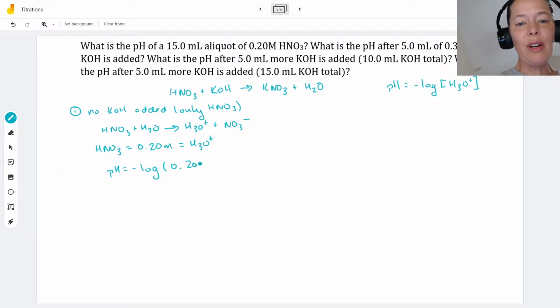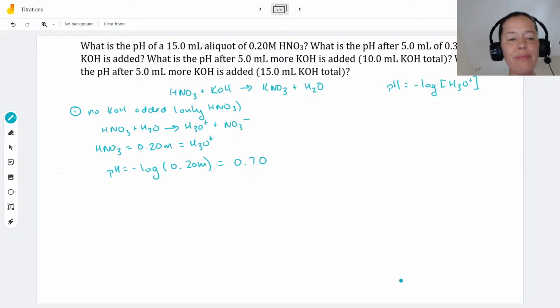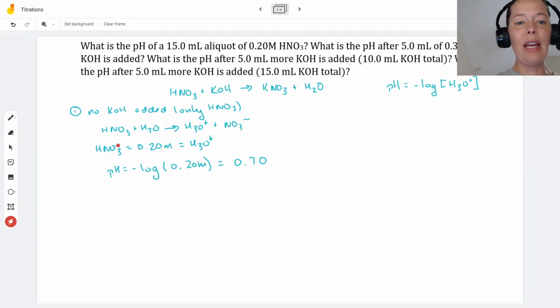These decimals are not showing up, and I have done that calculation. Our pH is 0.70. Now, this makes sense. We have a strong acid in solution, so our pH should not only be below 7, but it should also be very low because we've got a strong acid.